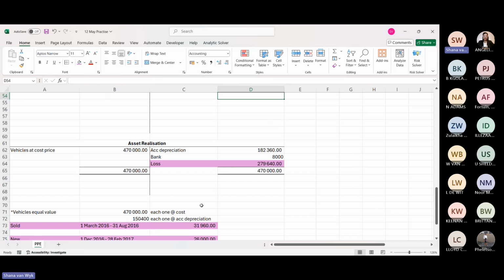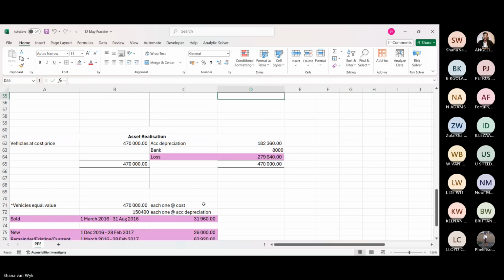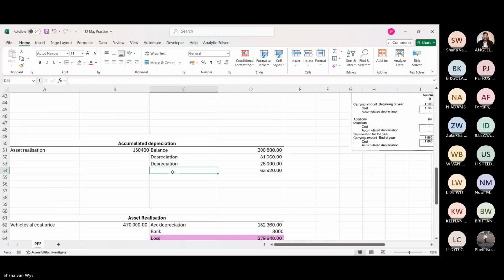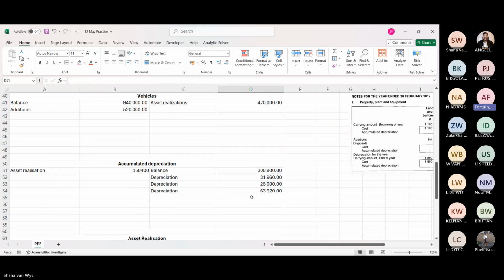That one. And then that one. Yeah. Are those all the current year depreciations? Yes. I got lost in your example. So I took the 470,000 times the 20% times 9/12.